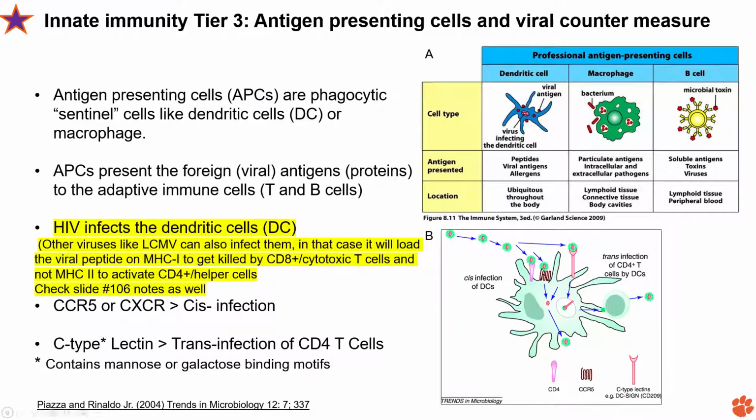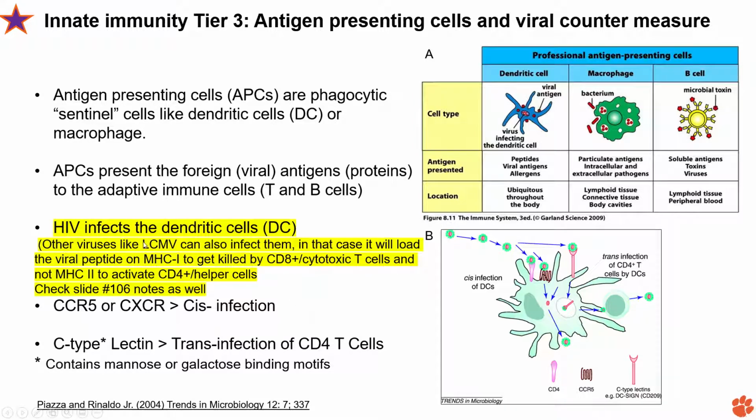All right, so the next question is, I have just added this part in here. Here what you are looking at is that a dendritic cell is an antigen presenting cell. You already know that, but just remember that the dendritic cell can also get infected. And this is the most important part.